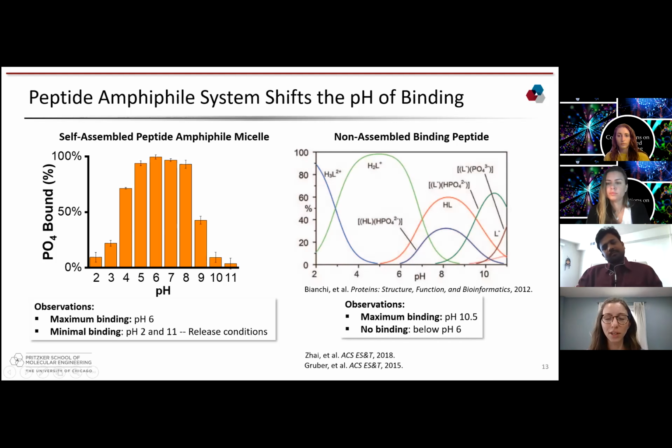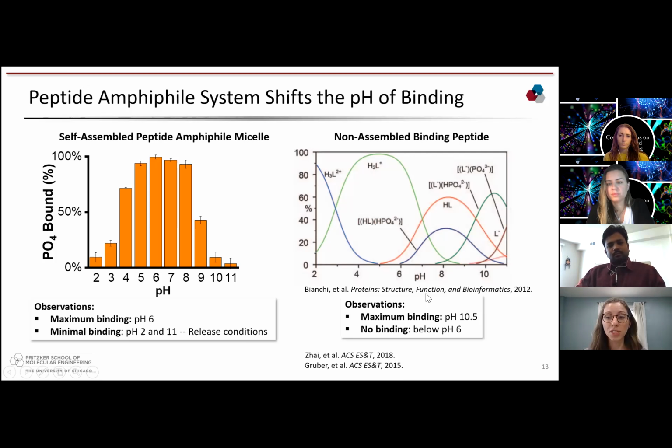This is a pretty confusing graphic, but if you look with me at this dark green line, that's actually how they characterize it. L is the ligand, or the peptide, binding to this phosphate, and we see that it binds most maximally at 10.5, and then it also binds to phosphate here, but then they propose that there is no binding that occurs at pH 6 or below.